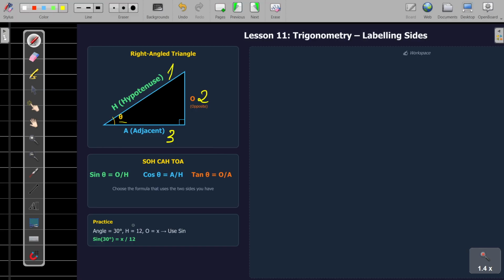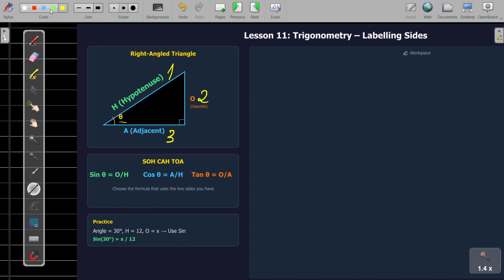Now there's going to be a triangle here. Okay, triangle. The reference angle is 30 degrees and the longest side is 12 and the vertical side is X. So you want to use some kind of sin here. So let's see if we can draw the triangle or label it, or we can just use our existing triangle here, or I can just draw it honestly.